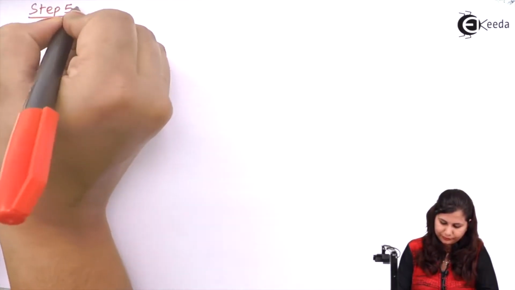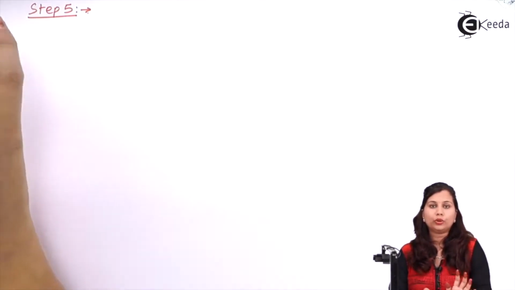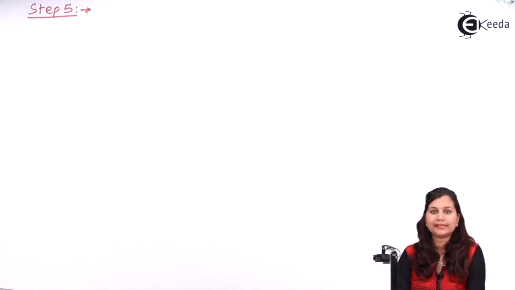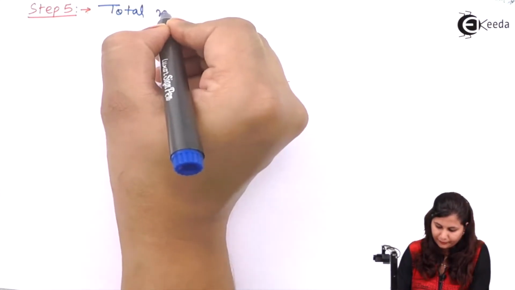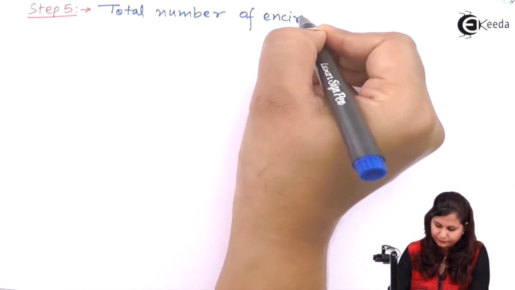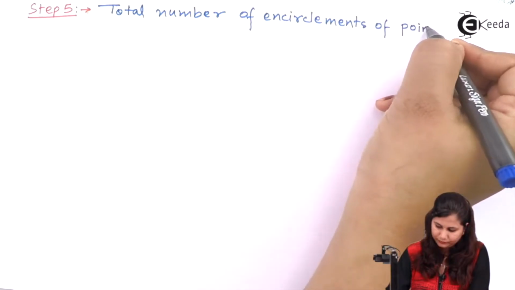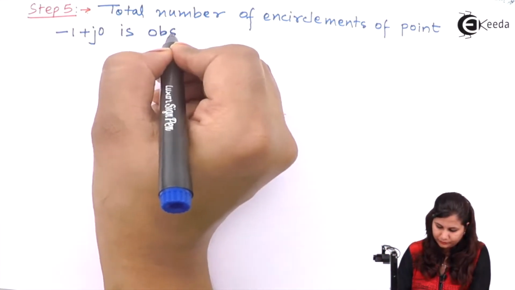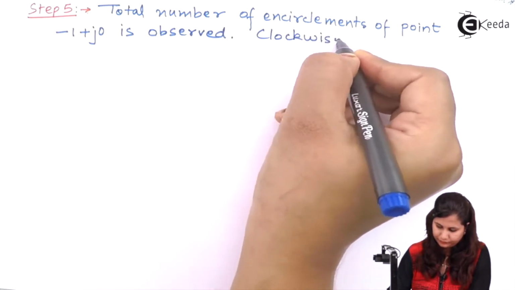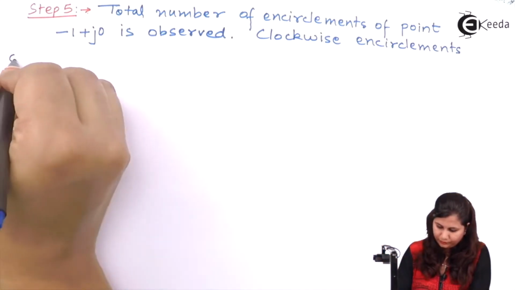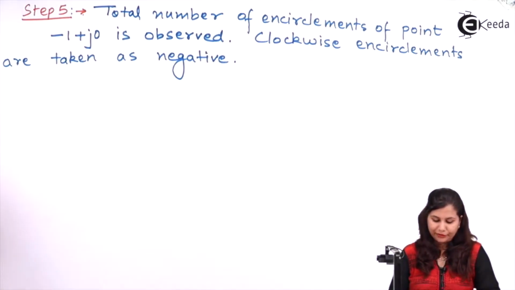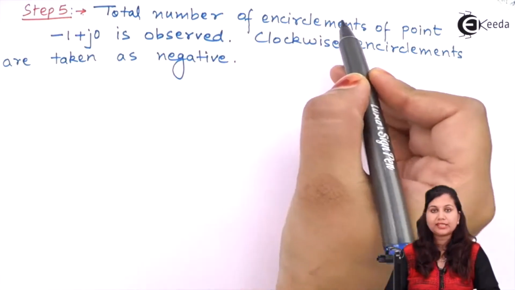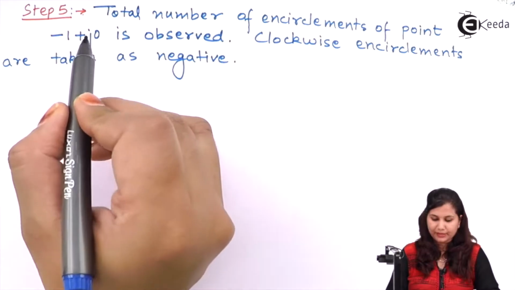Now step number 5 is to calculate the total number of encirclements of the point -1 plus j0.